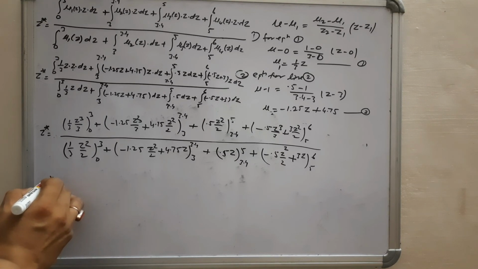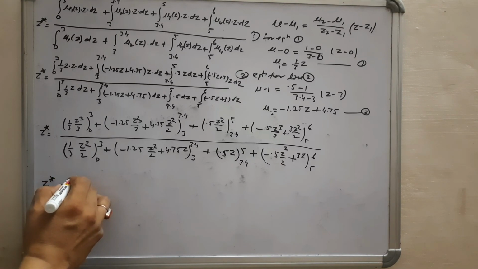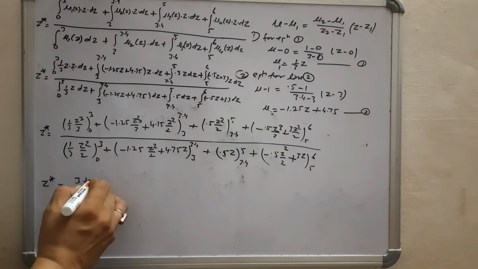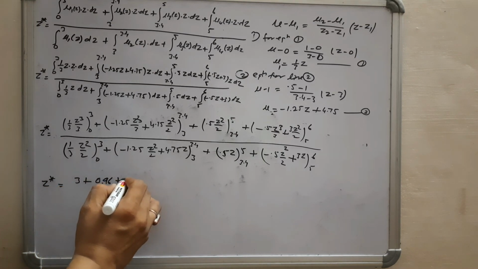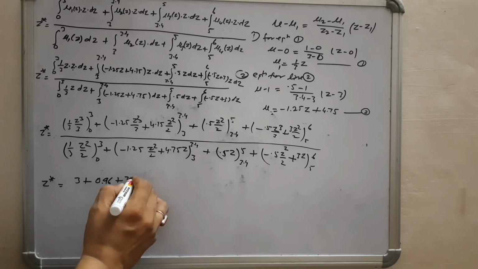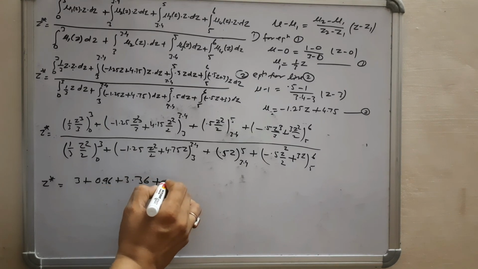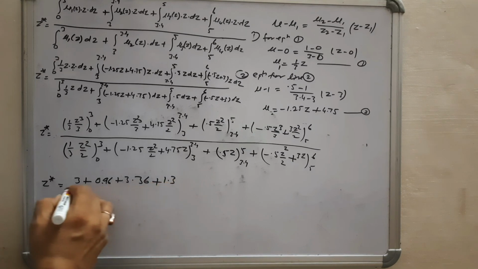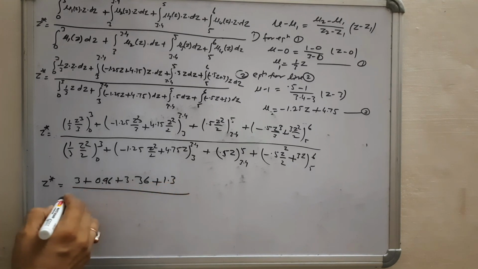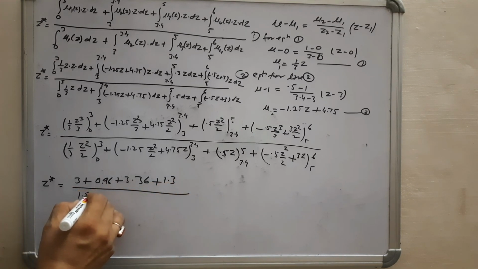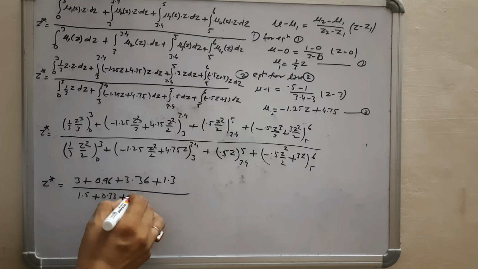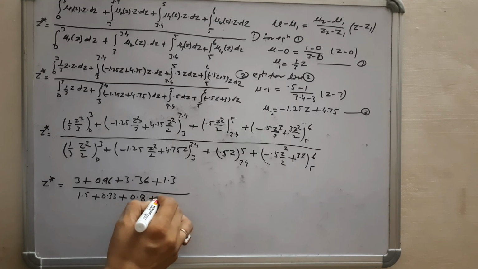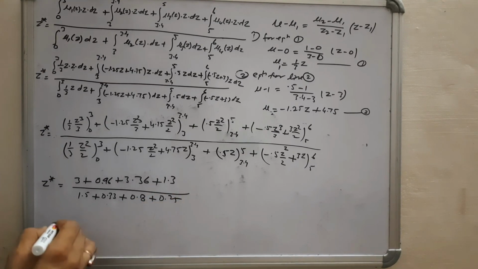Now put the limits and obtain the numeric values. So z star equals 3 plus 0.96 plus 3.36 plus 1.3, and in the denominator 1.5 plus 0.33 plus 0.8 plus 0.25.